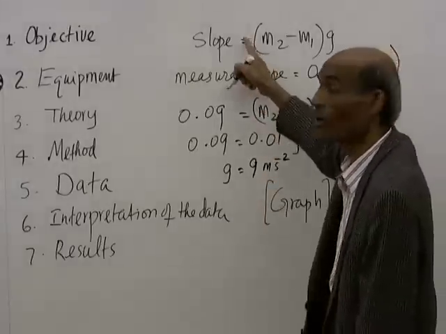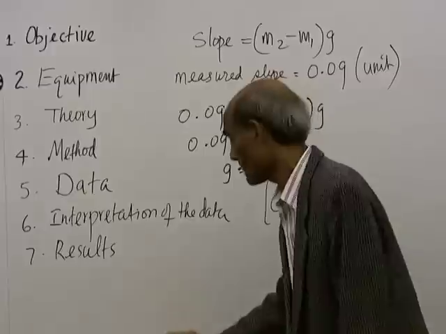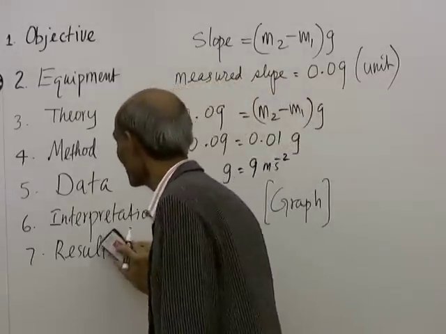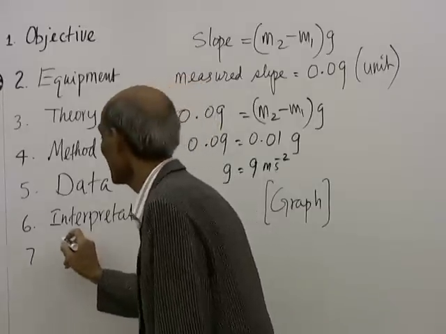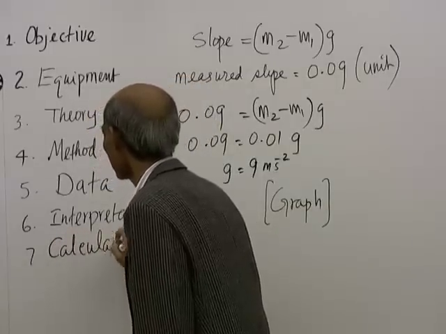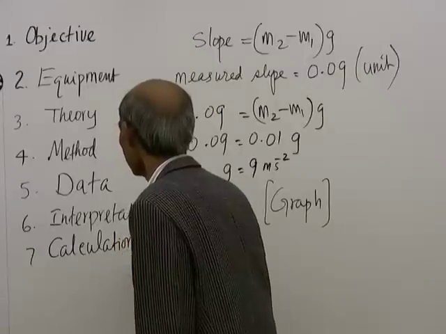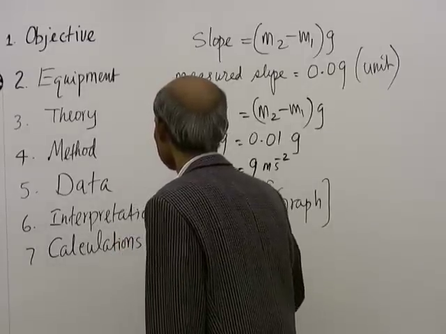So you must show me all these steps in the results. If you want, you can change the title, the subtitle 7 as calculations. You see, that will be a more appropriate title. Calculations and results.